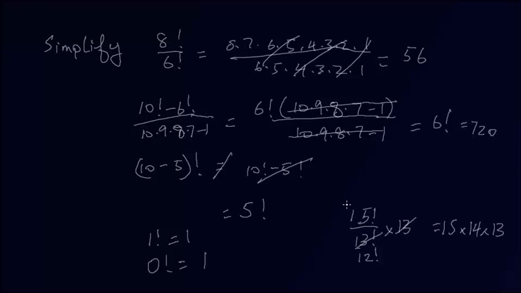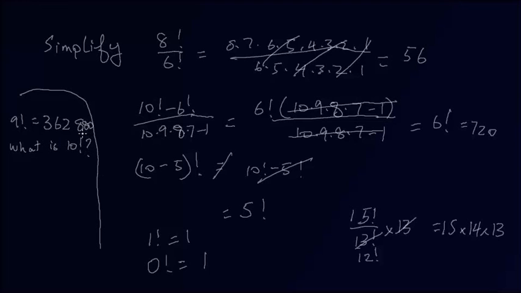And okay, we're running out of space. Here, let's use this side over here. Suppose we know that 9 factorial is equal to 362,880. Then what is 10 factorial?